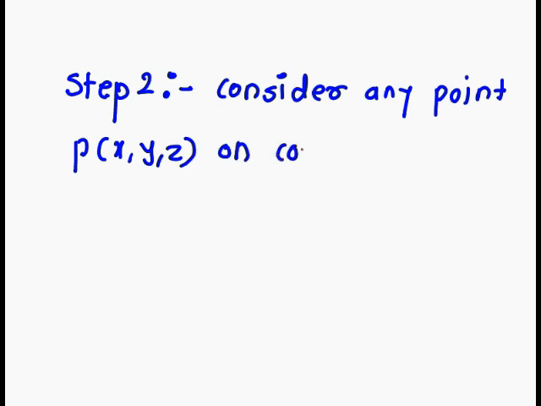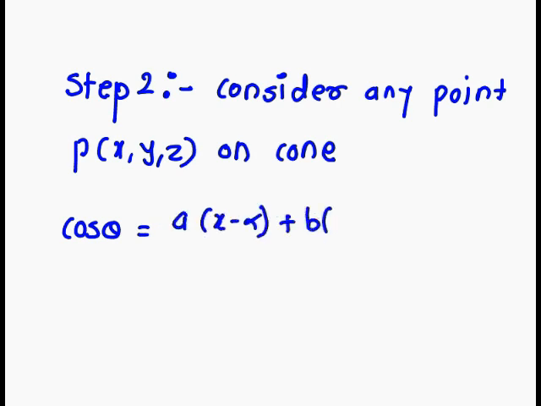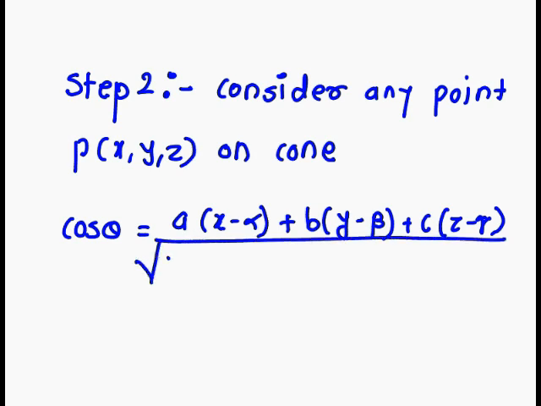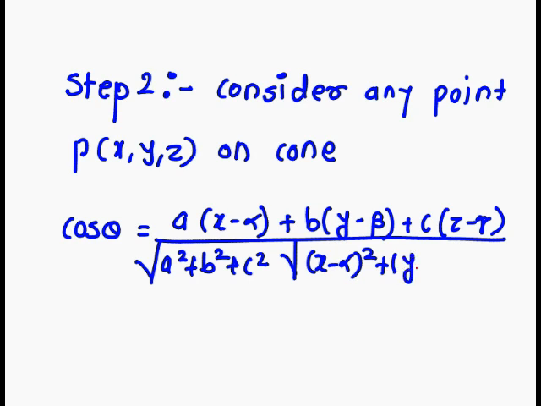We get cos theta is equal to A into x minus alpha plus B into y minus beta plus C into z minus gamma upon square root of A square plus B square plus C square, square root of x minus alpha square plus y minus beta square plus z minus gamma square.